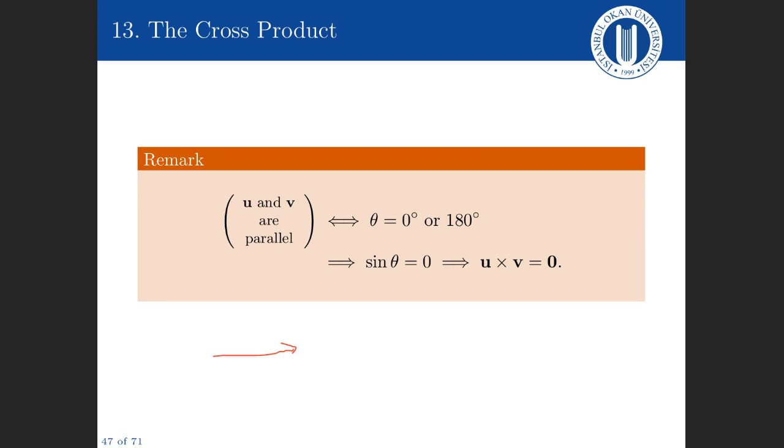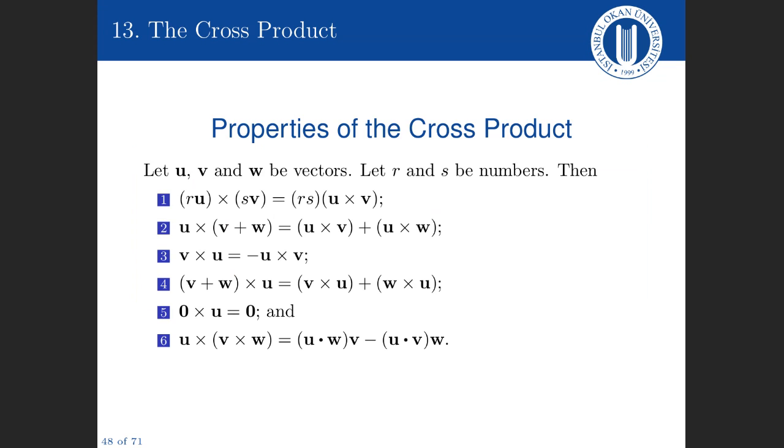If u and v point in the same direction, the angle between them is 0 degrees. If they point in opposite directions, then the angle between them is 180 degrees. This is what parallel means. But sine of 0 and sine of 180 degrees are both 0, which tells us that if u and v are parallel, then u cross v must be the 0 vector.